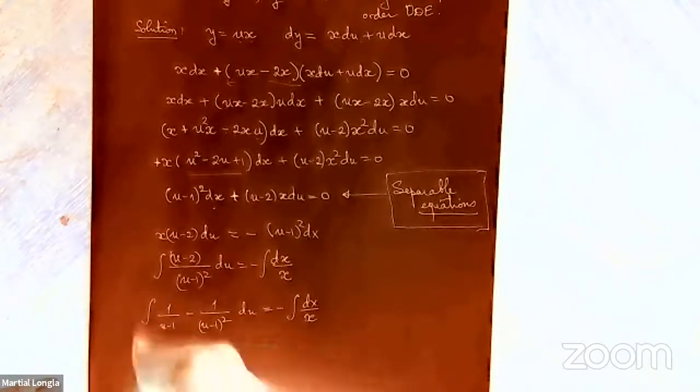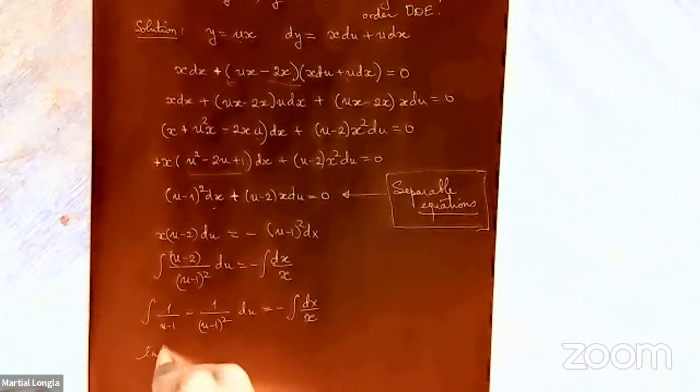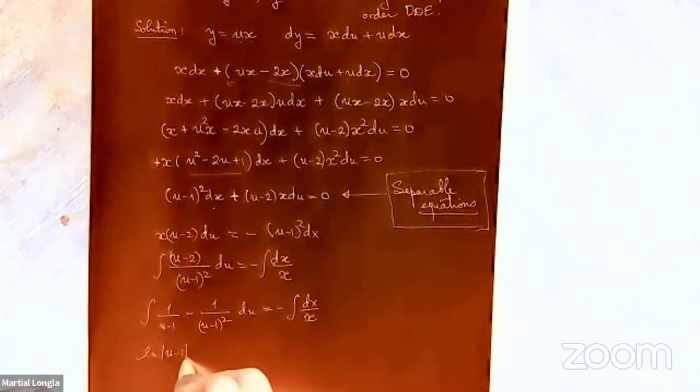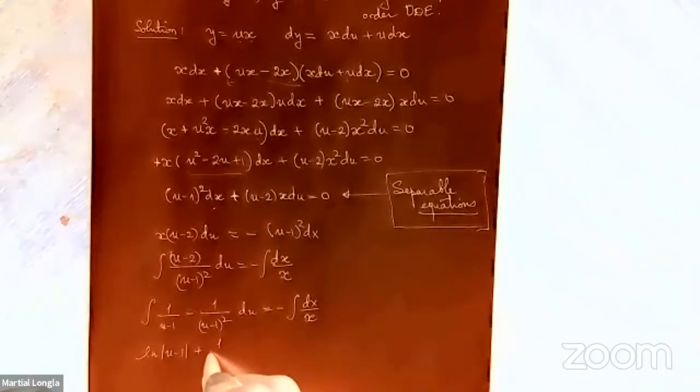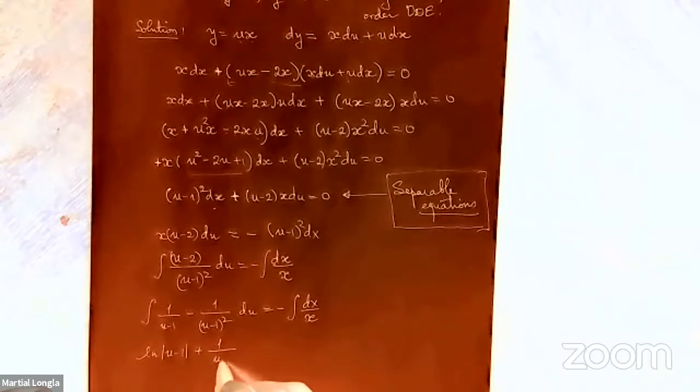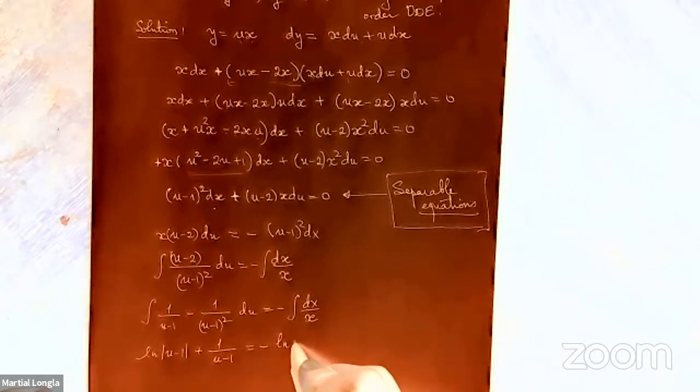Now when you integrate this, it is ln absolute value of u minus 1. And this is 1 over u minus 1, equals, and this is negative natural log of x. And I can write C x. Right.